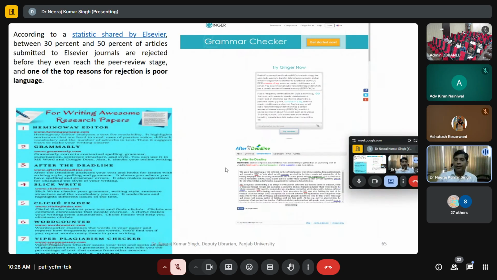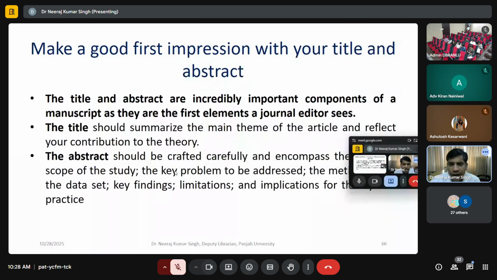So never ever depend 100% on these tools. These are helping tools. So if you are convinced with whatever corrections they are giving, then it is okay. Otherwise, you can go with your version. But these are very good tools, and these are the tools which are used by many other researchers also.